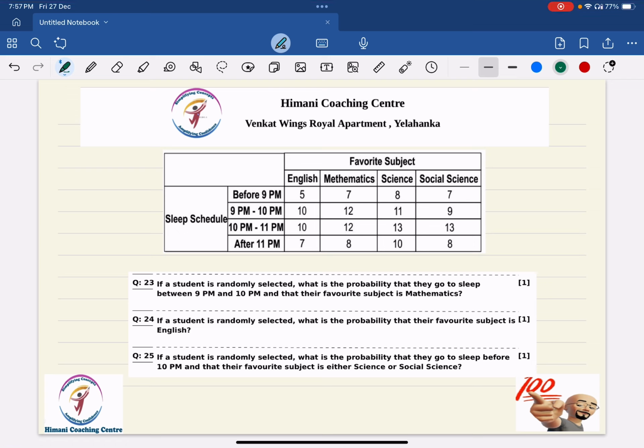Same table. The question is, if a student is randomly selected, what is the probability that they go to sleep between 9 p.m. and 10 p.m. and that their favorite subject is mathematics? That means we have to look at this row. So they sleep between 9 and 10, their favorite subject is mathematics. How many are there? 12.